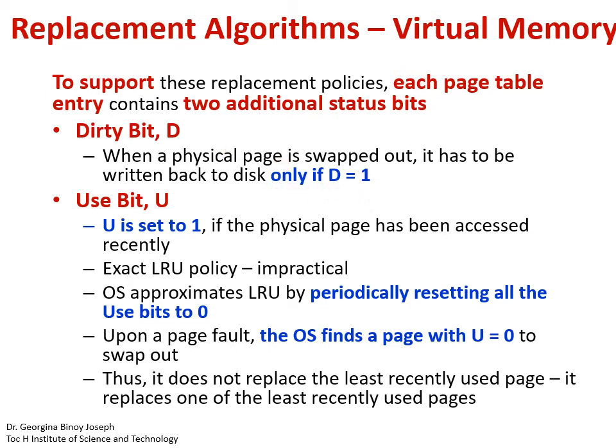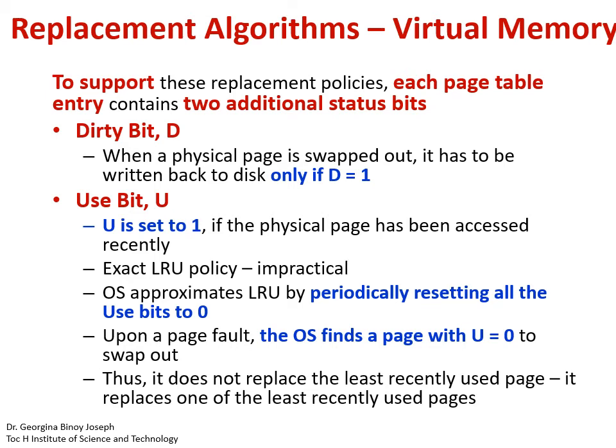If there is a change in the physical page, then D is made equal to 1. So when a physical page is swapped out, only if it has been changed, which is indicated by D equal to 1, then it has to be written back to disk. If D equals 0, then there are identical copies in the physical memory as well as in the virtual memory. So that is the role of the dirty bit D.